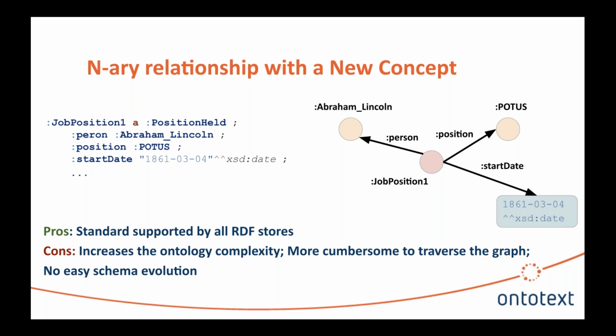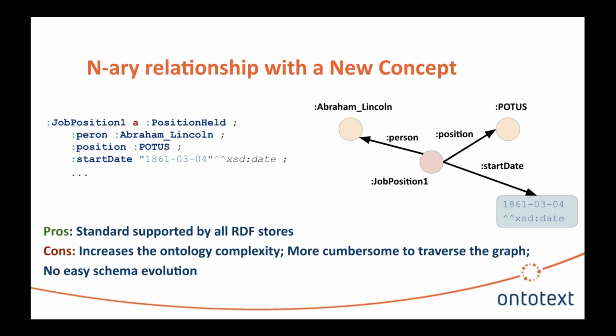We say we are going to make a new concept which is position held, and this will be no longer a simple predicate, but a new class, position held, and we will say person, position, and start date. The difference with the standard reification is that we are not using generic terms, subject, predicate, and object, but we use some concrete types which are understandable for the user, and that will be much clearer.